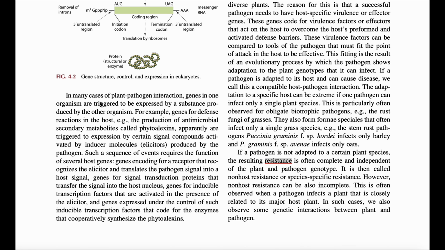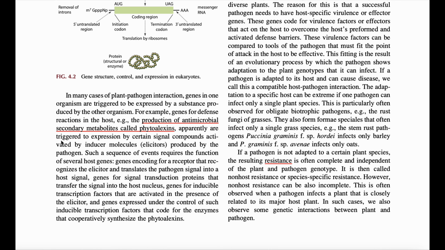Now, in many cases of plant pathogen interaction, genes in one organism are triggered to be expressed by a substance produced by another organism. Let's see one example. Genes for defense reaction in the host, for example the production of antimicrobial secondary metabolites called phytoalexins. If anybody knows any examples of phytoalexins, or the definition of phytoalexin, please let me know.